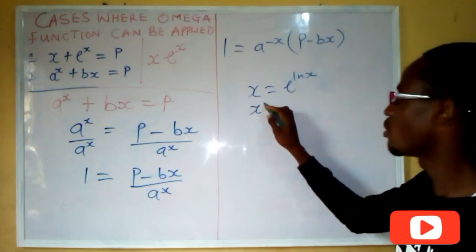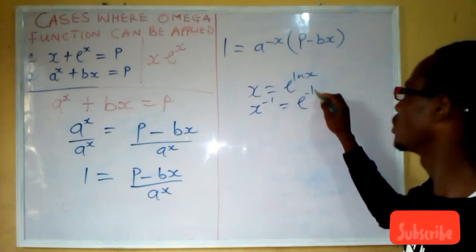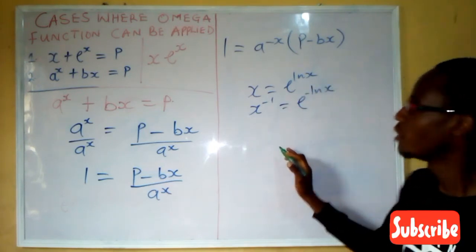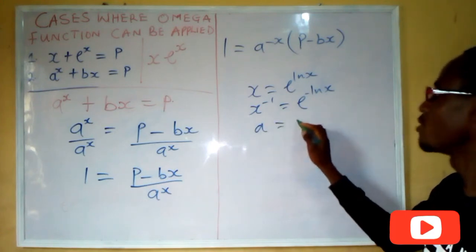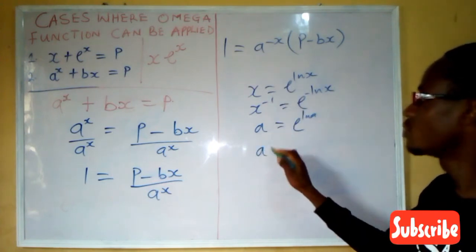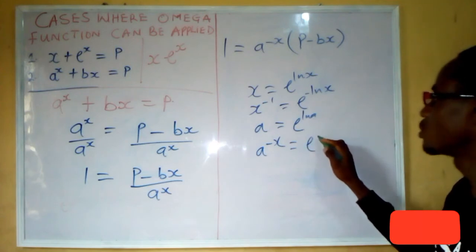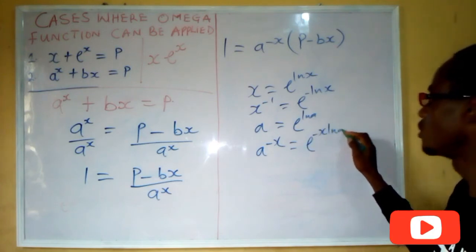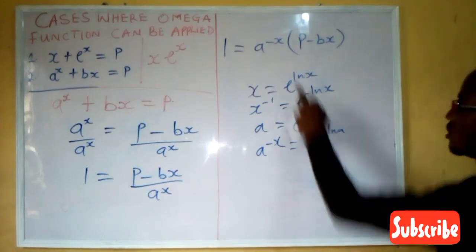So x raised to the power minus 1 will be e raised to the power minus ln x. Now at the same time, if I have a, I'm going to have e raised to the power ln a. So meaning if I have a raised to the power minus x, that is going to give me e raised to the power what? Minus x ln a. So that's basic facts we need to understand. So meaning we are using this here.